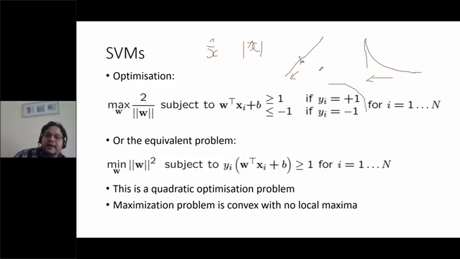It's the same. Minimizing this, we are going to 0. This is the maximum. Yes or no, guys? Yeah. So maximizing this will go to 0, and minimizing this will also go to 0.